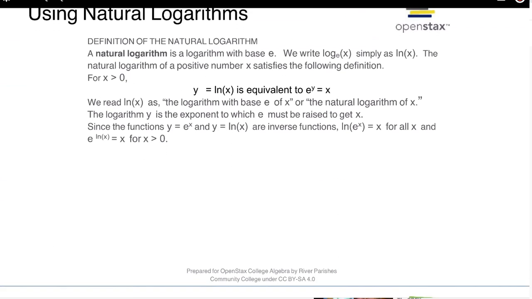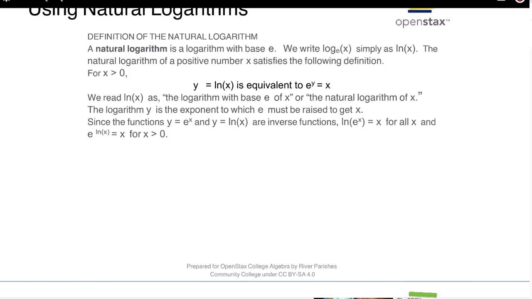All right. So then we have common logarithms and then we have natural logarithms. Natural logarithm is log of base e. And so when we do a log base e, we write it as ln x, the natural logarithm.